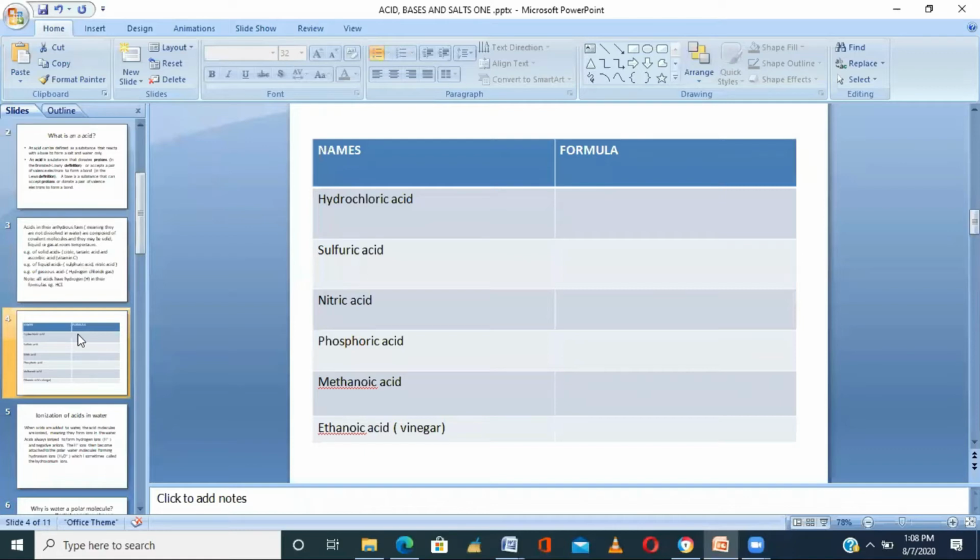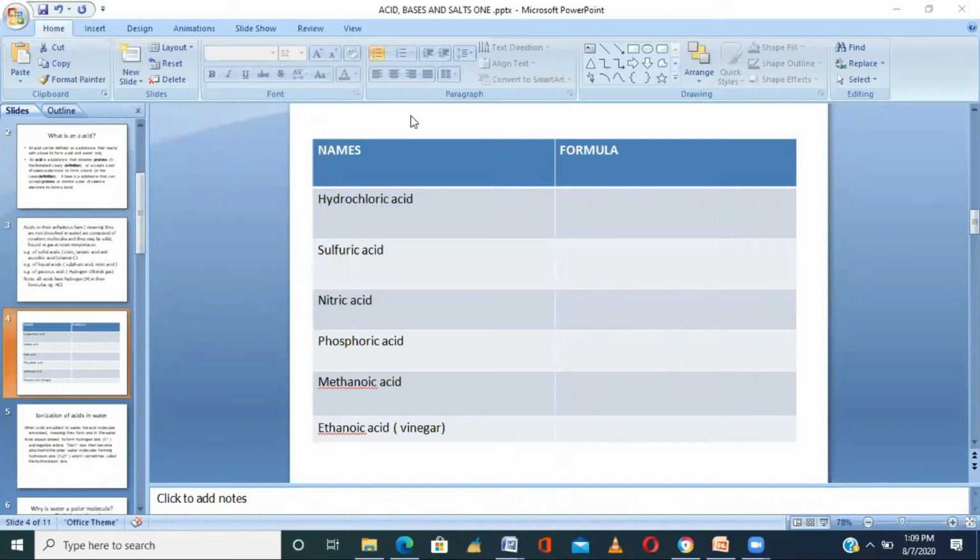Good. Now I have some names of some common acids that we would find in the laboratory or even in your home. Basically I have them listed out here and I wanted you to write the formulas to me on your own, because when we looked at polyatomic compounds in Form 4, remember I've given you the sulfate ion, the nitrate ion, the phosphate ion.